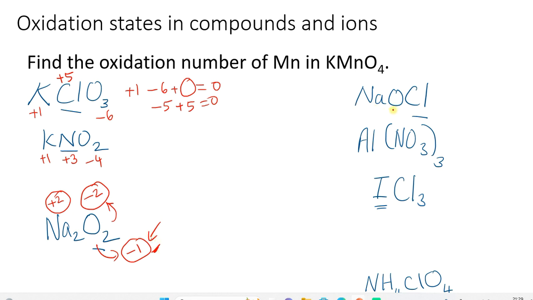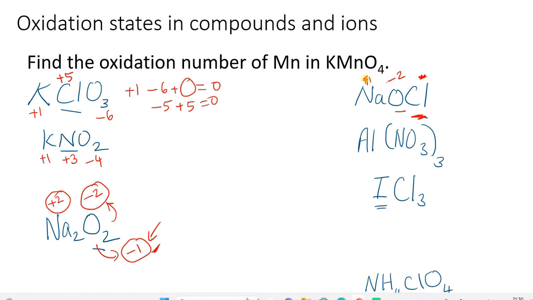For sodium oxychloride, what do we get? So +1, and we need to find the chlorine's oxidation state. We don't know. So oxygen, in this case, it's not a peroxide, it's not combined with fluorine atoms, so we can actually put -2 here. So this is something like a priority.